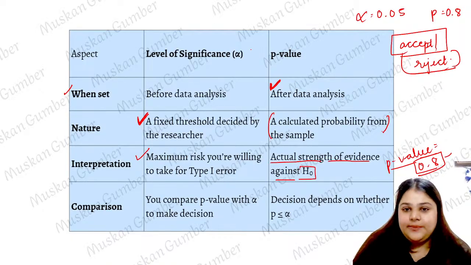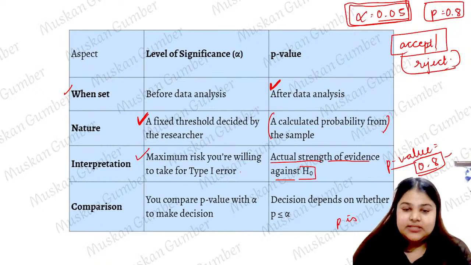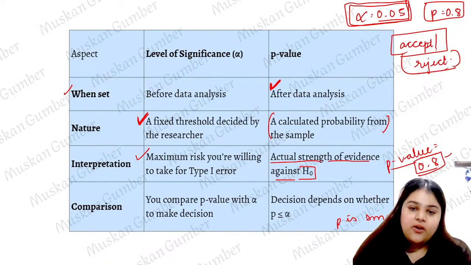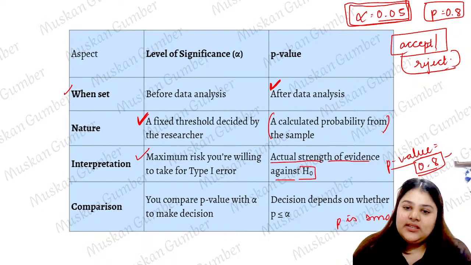Now you tell me, this is the value that we were looking at. So if the P value is smaller than or equal to our alpha value, then what do we do? We reject our null hypothesis.